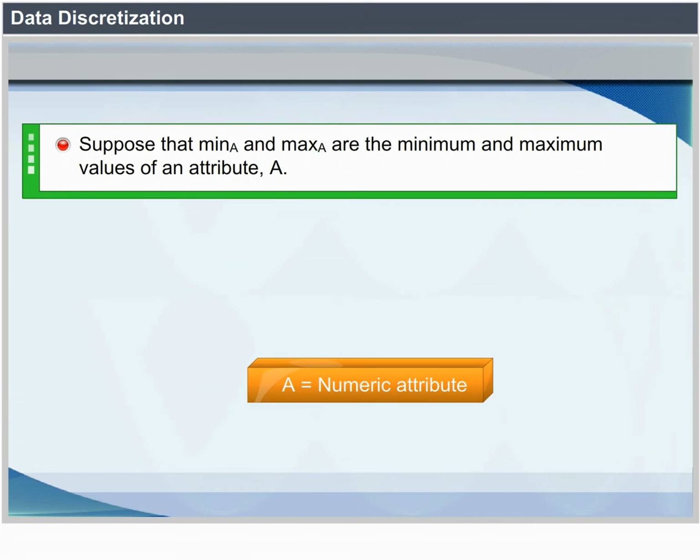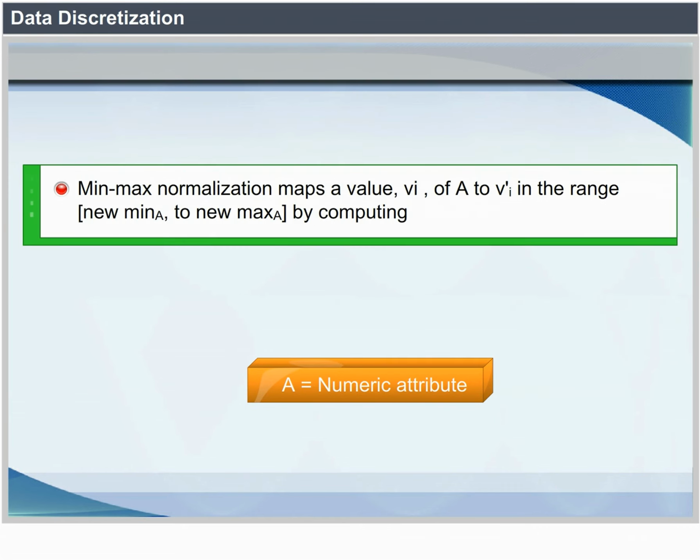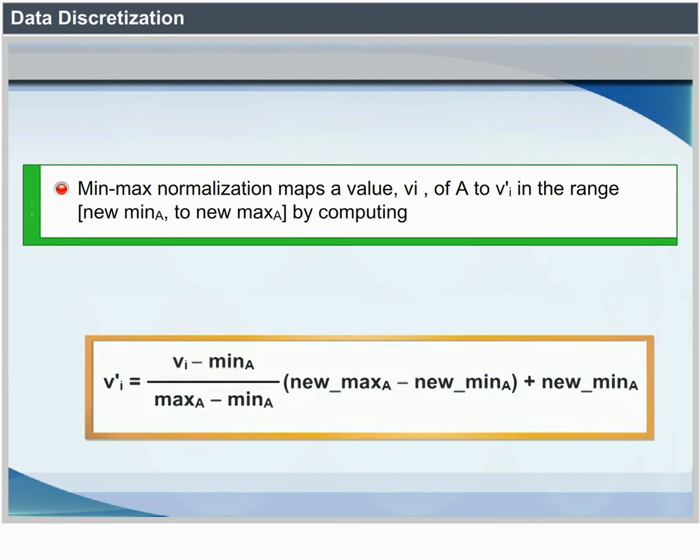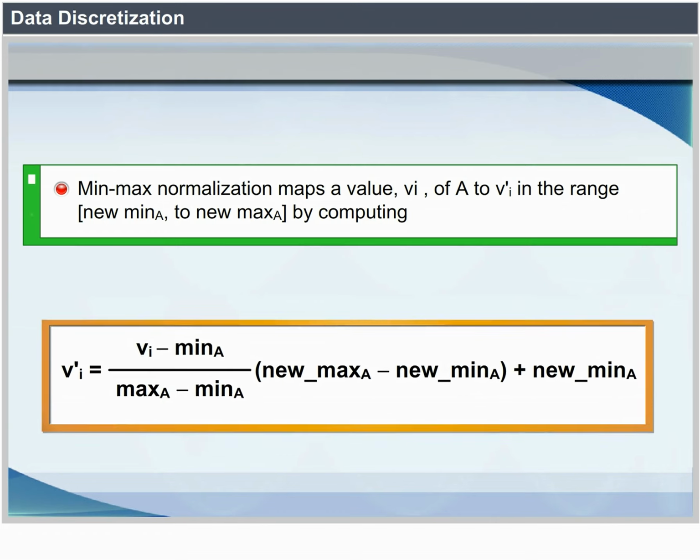Suppose that min_A and max_A are the minimum and maximum values of attribute A. Min-max normalization maps a value vi of A to vi' in the range new_min_A to new_max_A by computing vi' = ((vi - min_A) / (max_A - min_A)) * (new_max_A - new_min_A) + new_min_A.